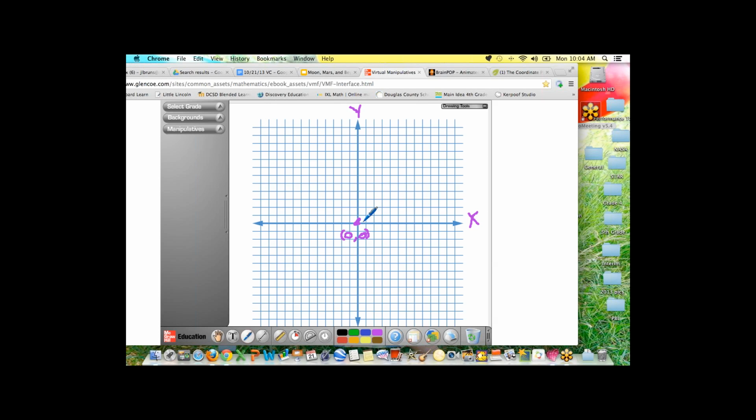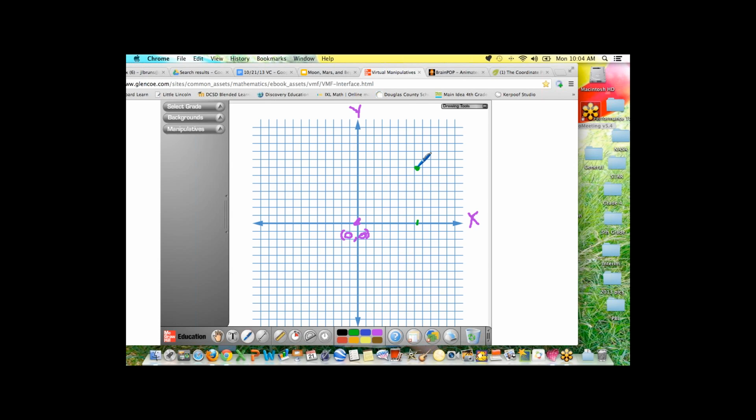But I'm going to skip count and say that this is 2, this is 4, this is 6, this is 8, this is 10, this is 12, this is 14. This would be 16, so we wanted to go halfway in between for 14. Then I'm going to count up by twos. So 2, 4, 6, 8, 10, 12, 14.